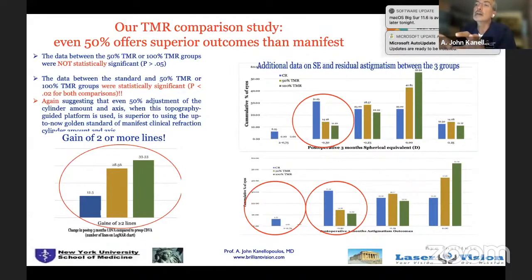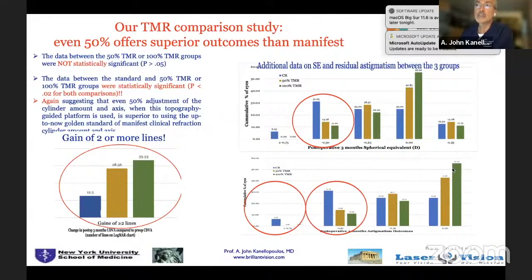But here we studied going 50% on the difference between the refractive amount of cylinder and the Contura-defined amount of cylinder and the difference in axis, or the full Contura-suggested axis and amount of cylinder. And what we found in this interesting study, which is under review for publication, is that even if we go 50% toward the Contura-suggested amount and axis of cylinder, we have a marked improvement in lines of vision gained.